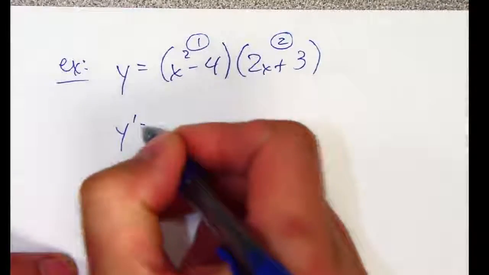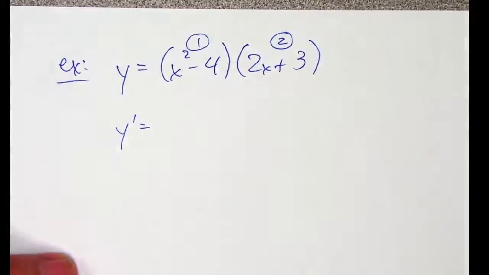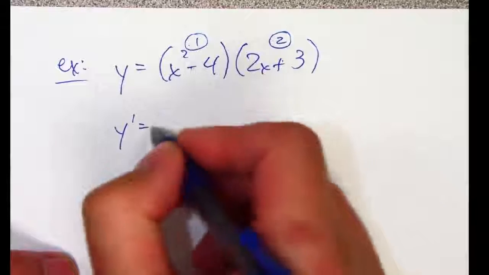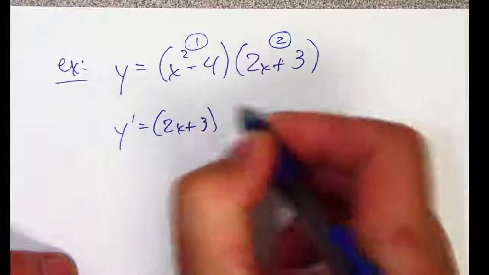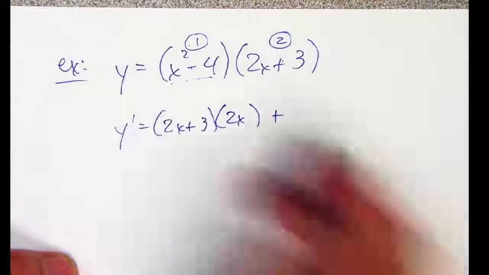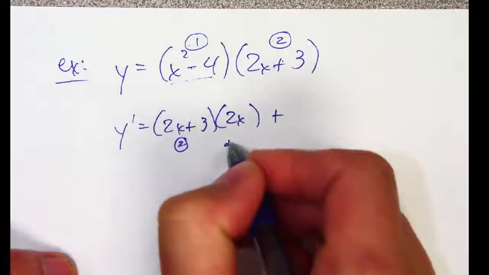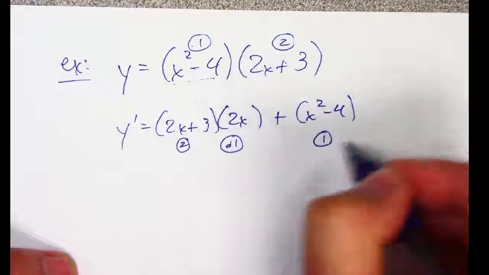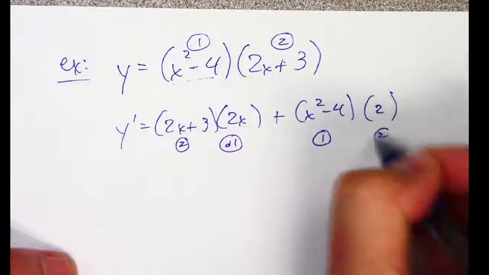And then I want 2d1 plus 1d2, 2 derivative of the first plus 1 derivative of the second. So the second thing times the derivative of the first thing. The derivative of that's 2x. So this is like your 2 and your d1 plus the first thing, so you just rewrite it, times the derivative of the second thing, which is just 2.